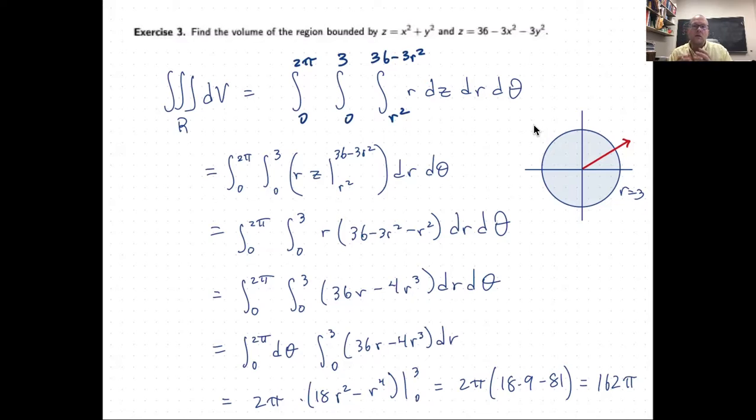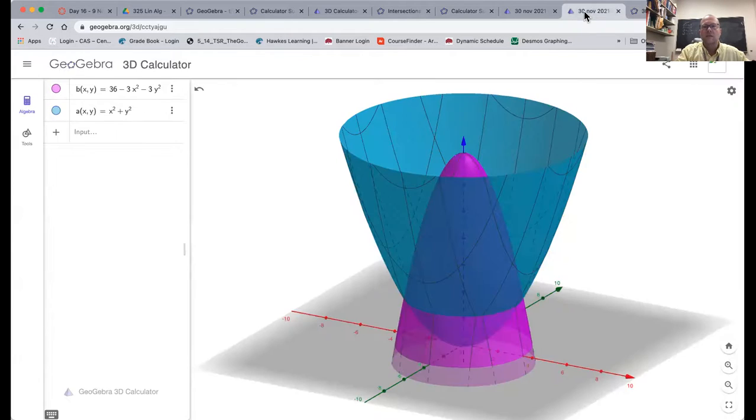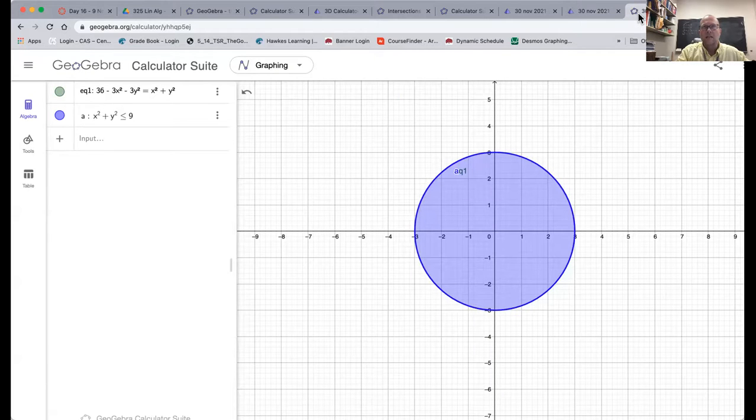Okay. So the main thing that I wanted you to get there was this notion that we had on the other screen. Which was that we took a look at the three-dimensional object and we figured out where the two three-dimensional objects intersected at.